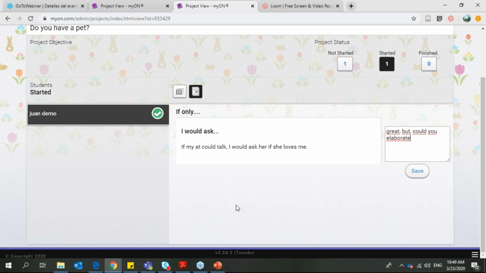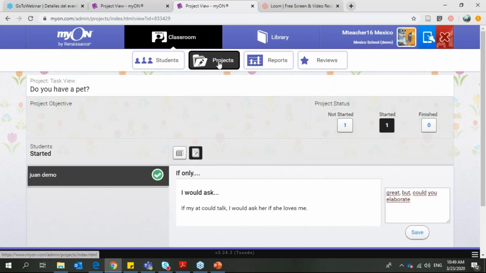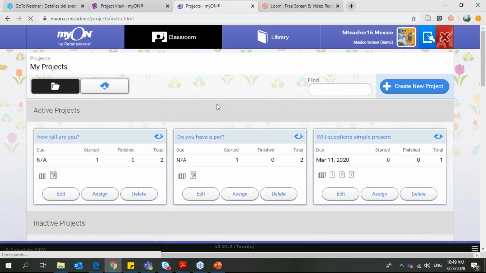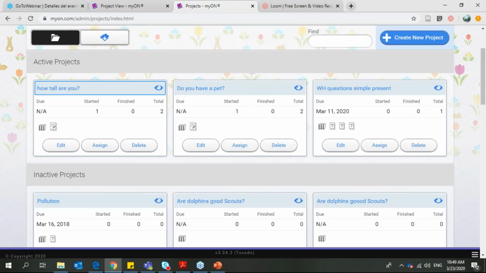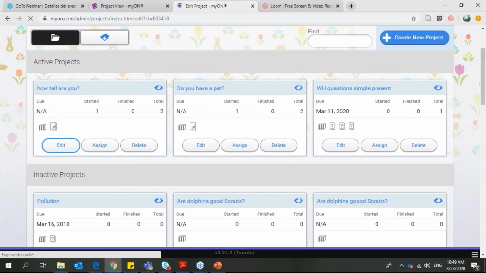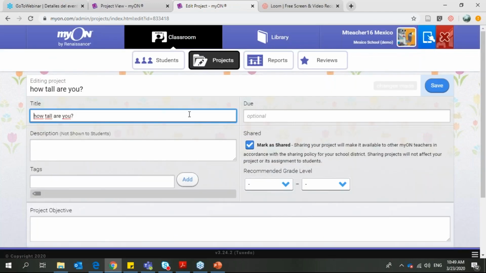Your students will read your comments, and if you marked in your project the option peer review, when you have a writing assignment, then they will be able to write reviews and comment on their partners' or their classmates' work.